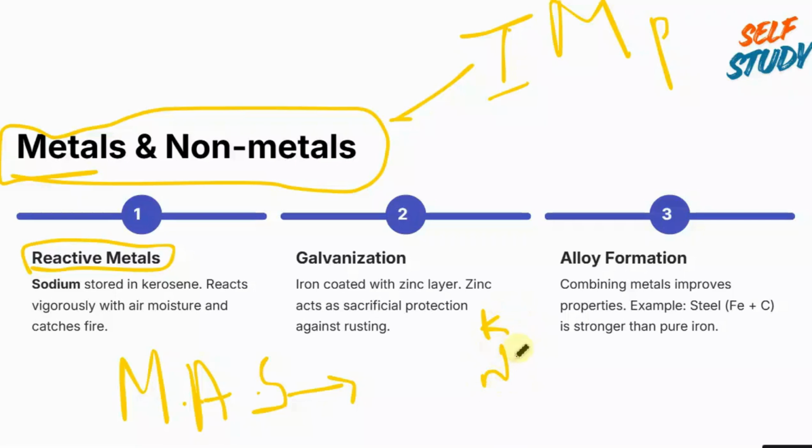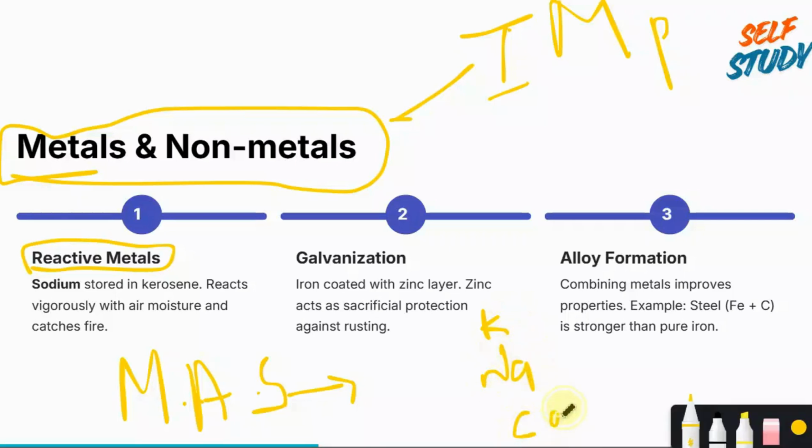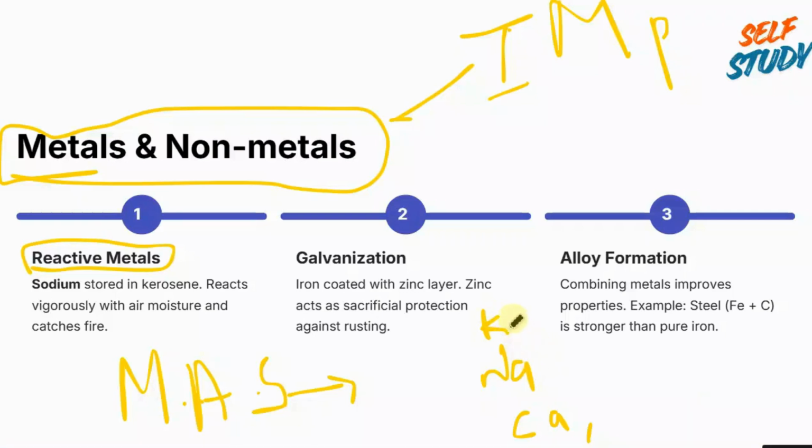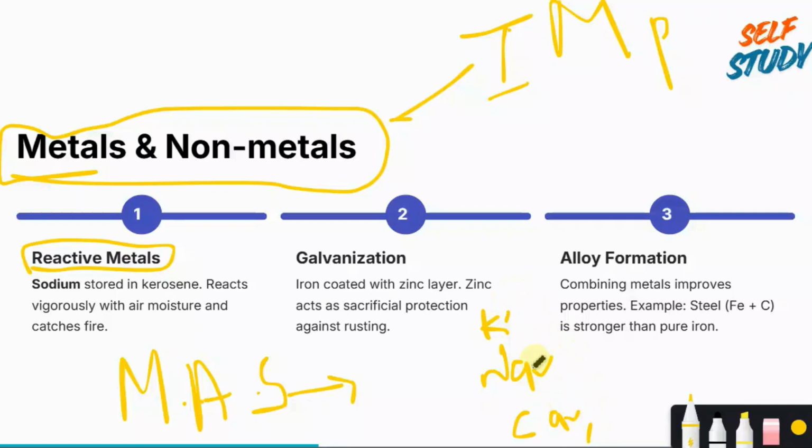Example: potassium, sodium, calcium, and so on. Potassium is more reactive than sodium, and sodium is more reactive than calcium, like that.